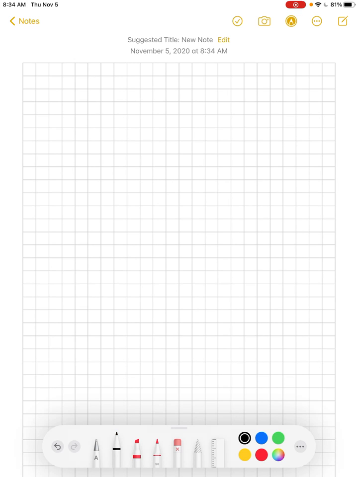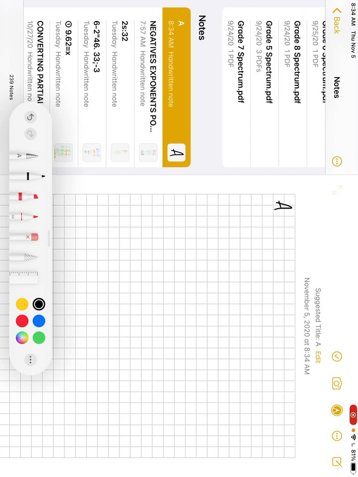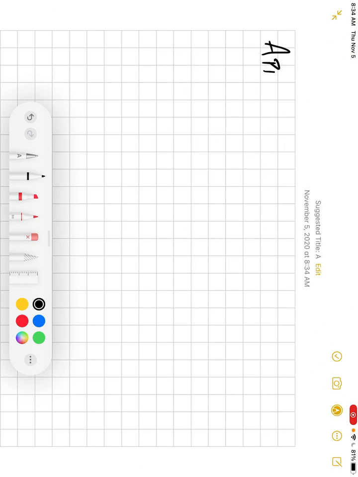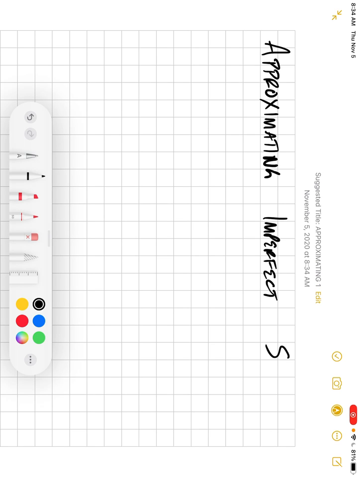Alright guys, today we're going to be working on approximating imperfect squares. So if I asked you, what is the square root of 7?